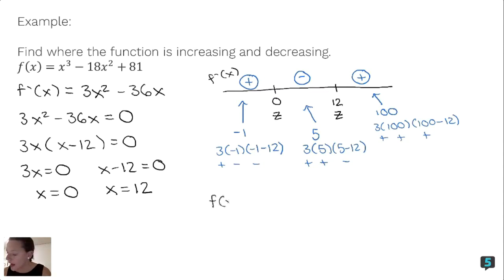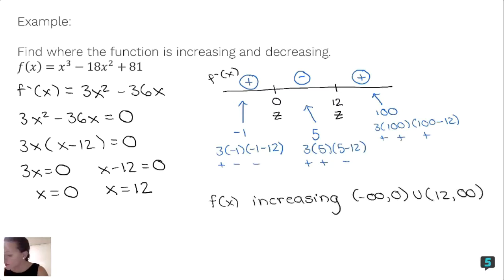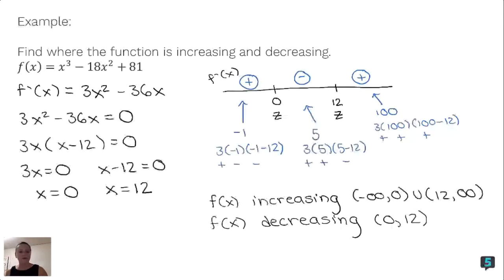I'm going to say that f of x is increasing from negative infinity to 0, union 12 to infinity. And I'm going to say that f of x is decreasing from 0 to 12. Nice work.